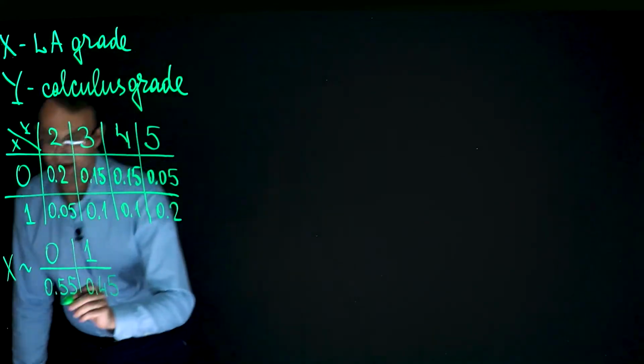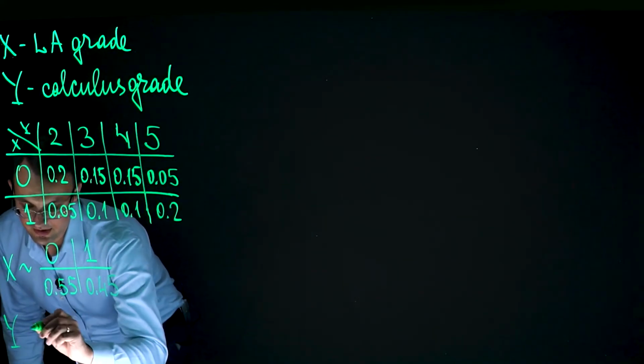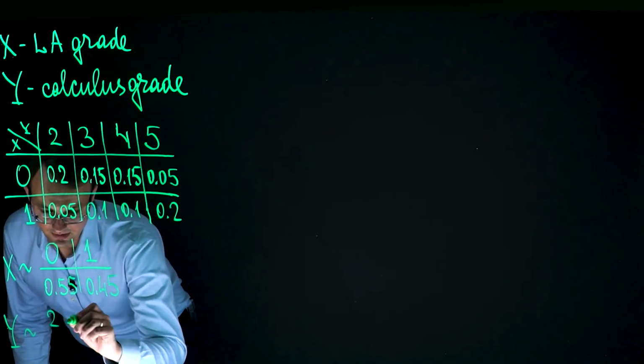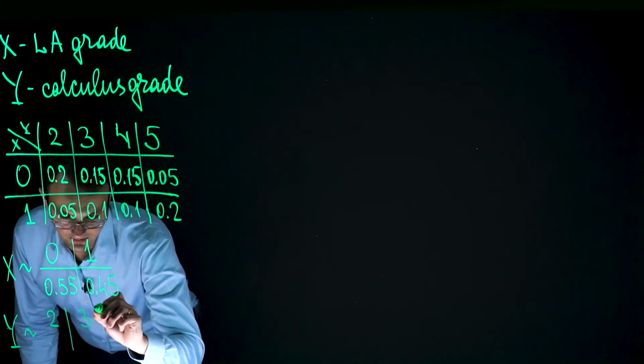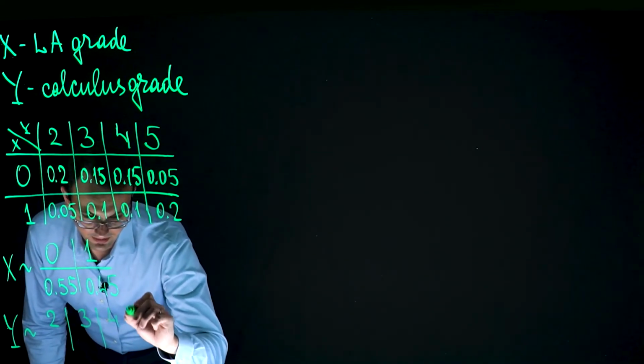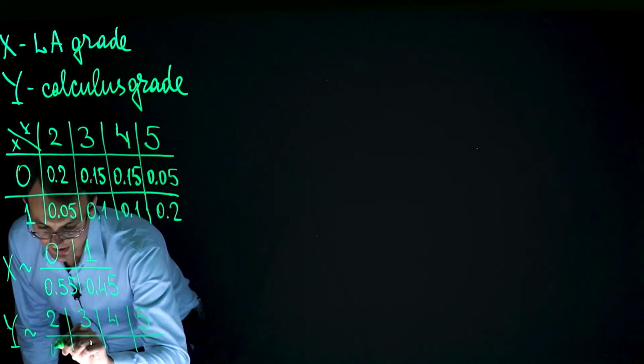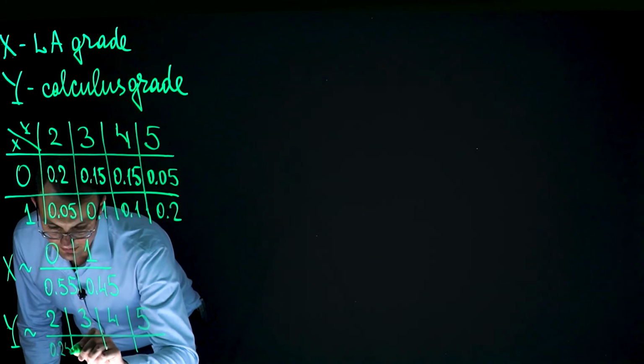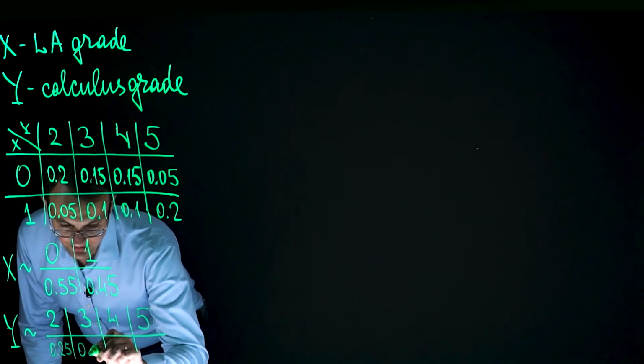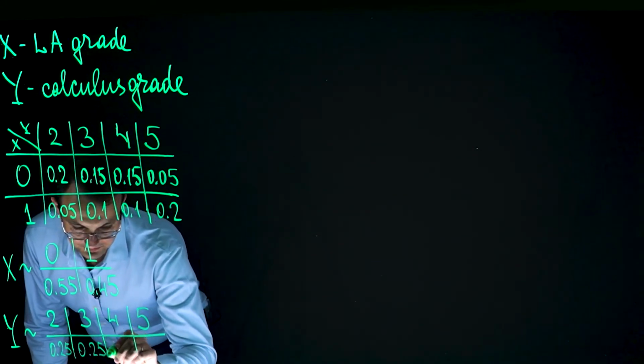And y is 2, 3, 4, or 5 with equal probabilities of 0.25.